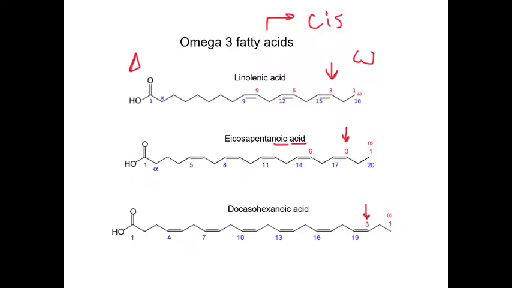Trans fatty acids, even if they're omega-3 trans fatty acids, are not really a healthy molecule. It's these cis ones. When you talk about fish oils, things like that, even though they're typically just referred to as omega-3 fatty acids, they're really cis omega-3 fatty acids. And you can see there in their structures that all of them are cis.